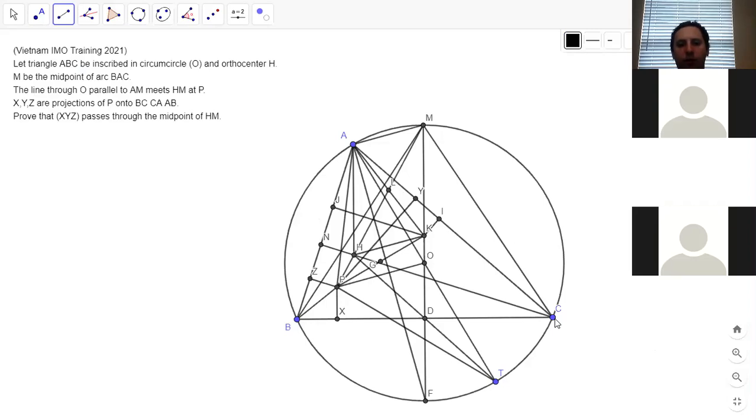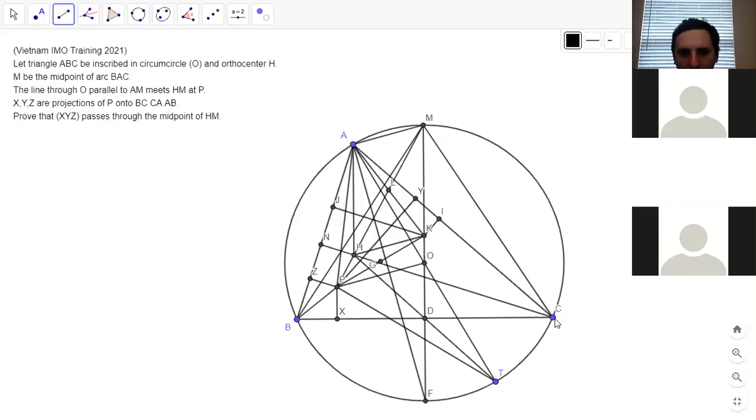Yeah, those I agree are similar. We have the whole quadrilateral ANHL and the whole quadrilateral ACTP are similar, right? I think yes, I see it.